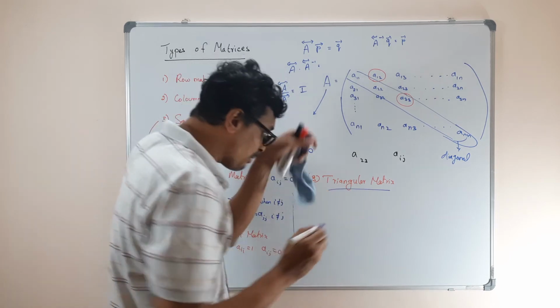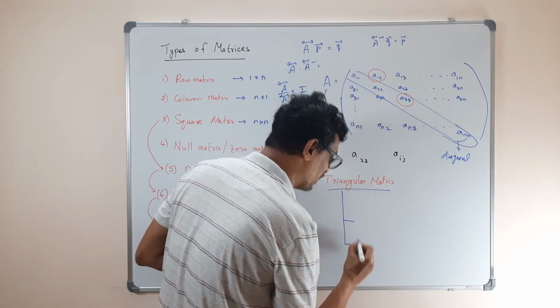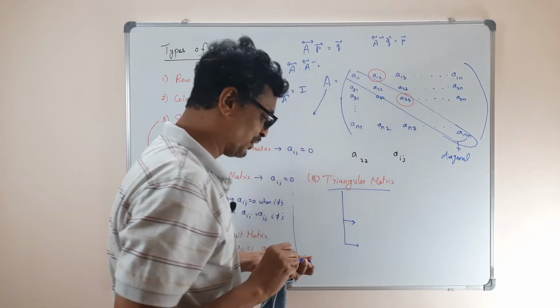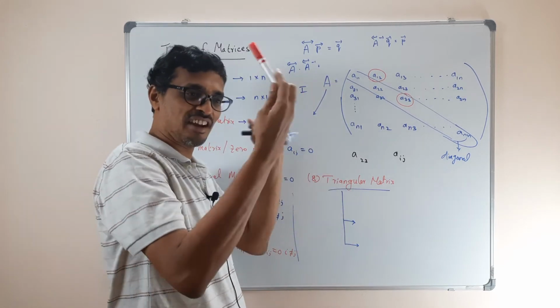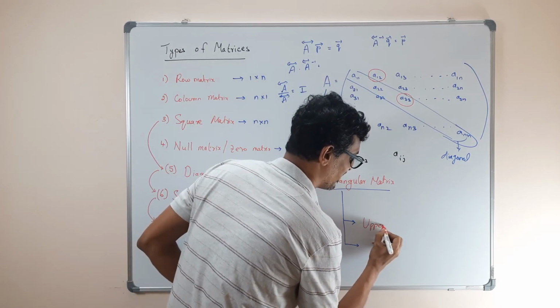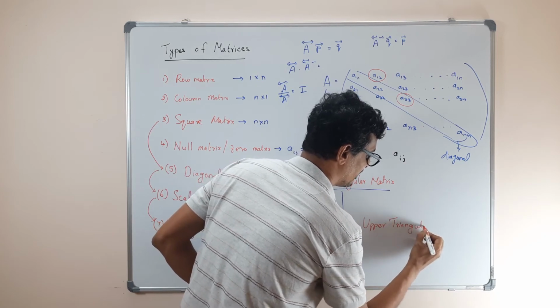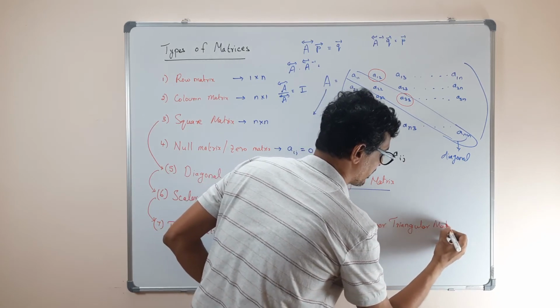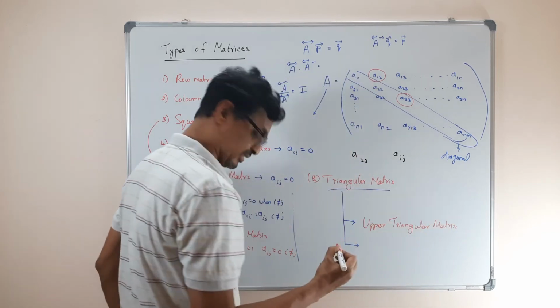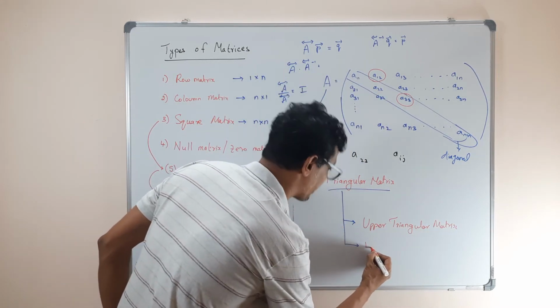So then triangular matrix gives you 2 types. Am I right? Above and below. So what do you call them? With the elements below being zero, they call it an upper triangular matrix. Upper triangular matrix, and another one is lower triangular matrix.